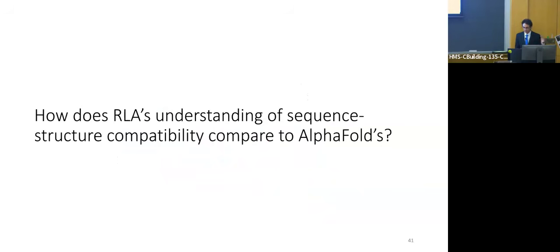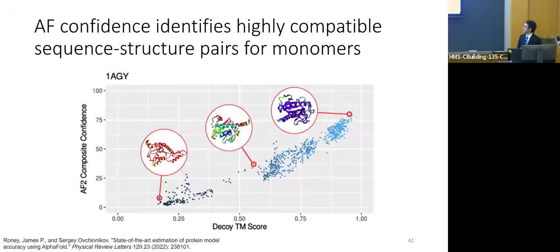Okay, so that was nice validation that the latent space behaves as we would expect, but we really want to know how well RLA does at this sequence structure compatibility task relative to the state of the art, which in our case is AlphaFold. So we turn to a paper from Sergey's lab where they developed a version of AlphaFold called AF2 rank that, instead of operating as a structure prediction model, operates as a structure scoring model that uses the AlphaFold2 confidence metrics to rank a bunch of decoy structures.